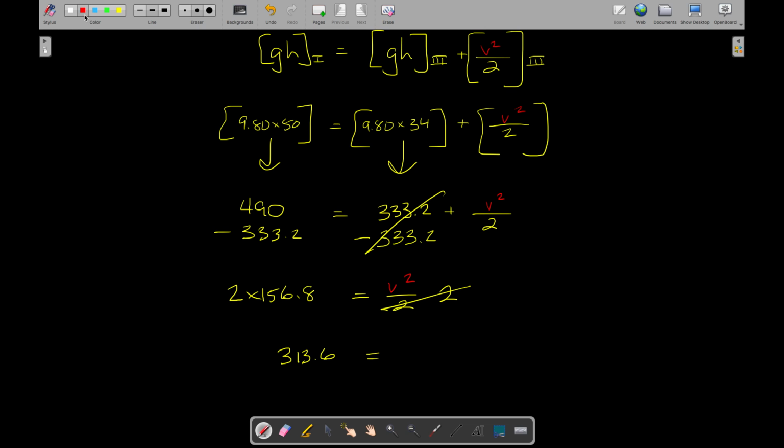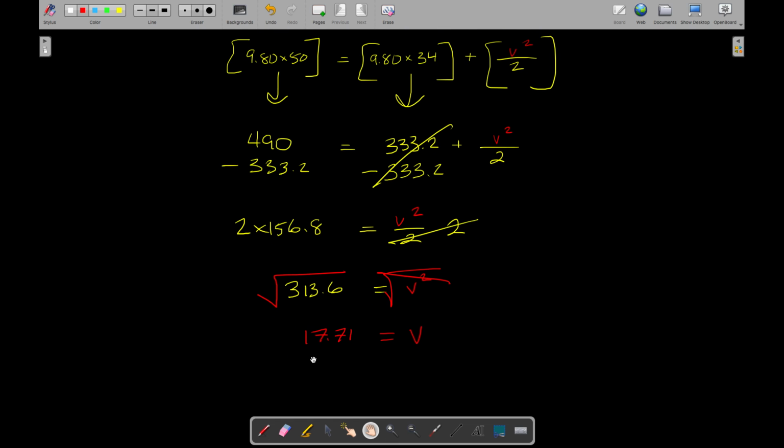And keep in mind that that's actually velocity squared. So we need to take out the square by taking the square root of that number. So that will cancel out. And now our new answer is 17.71. And so that is the speed. Oh, let me put down the units as well. So velocity or speed is meters per second.